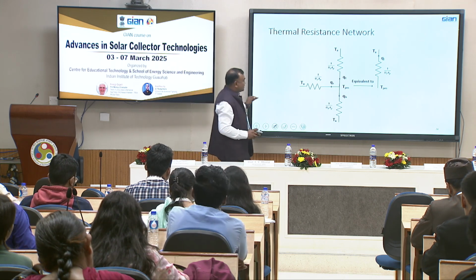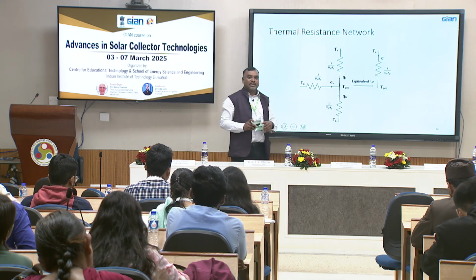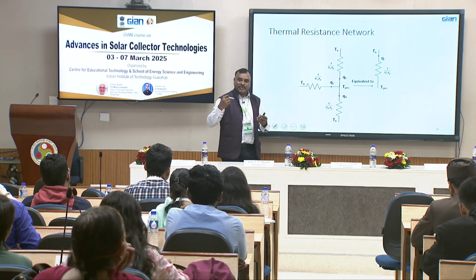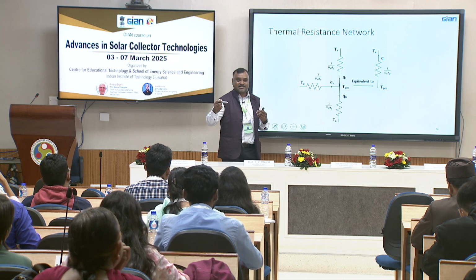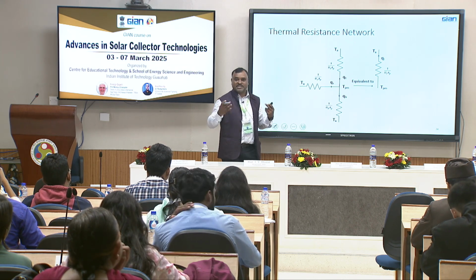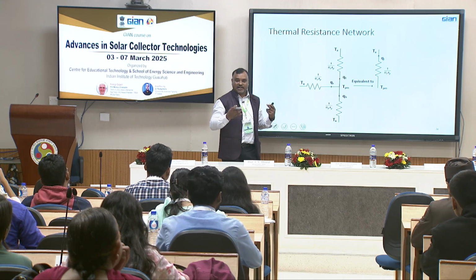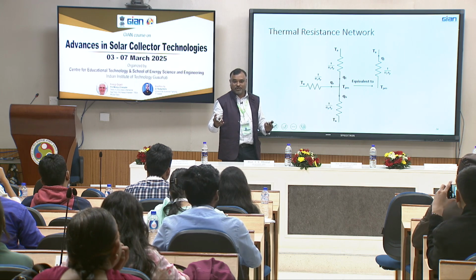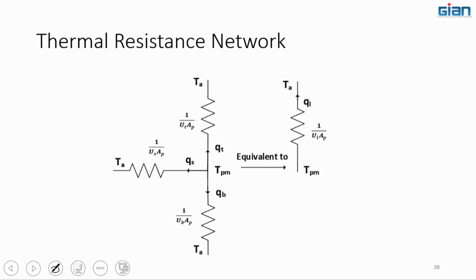And these losses can also be drawn, like you have studied in heat transfer, once you have a slab, you can consider it like a resistance, analogous to Ohm's law. Temperature difference corresponds to potential difference, and current flows like heat flows. So Ohm's law is analogous to our thermal resistance.